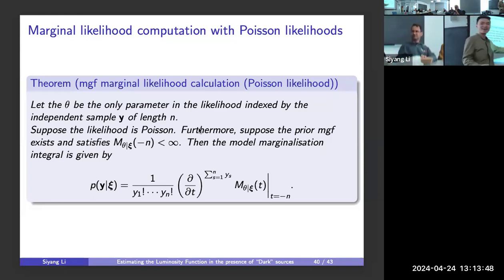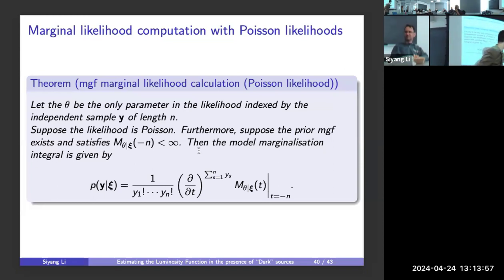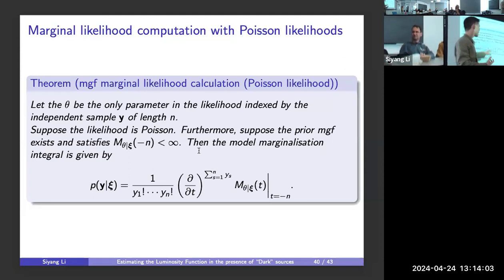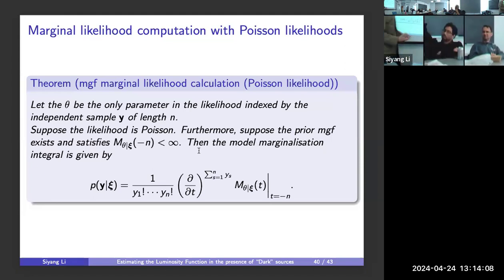We can compare the previous formula and this formula and see that previously it was t equals -1, but now it's t equals -n. It's quite elegantly corresponding to each other. And also the derivative is just of the order of the sum of all the observations.